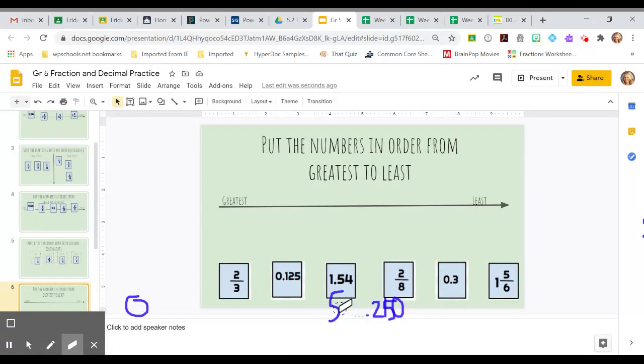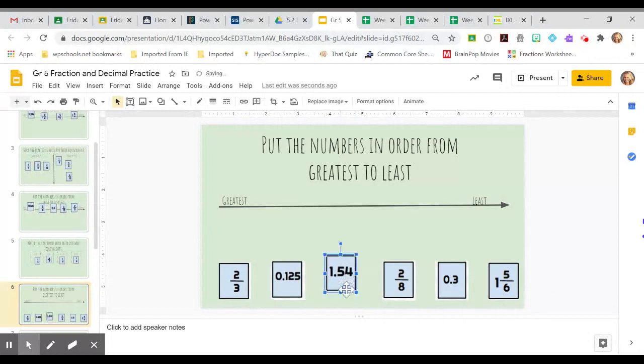All right. This time we're putting these in order from greatest to least. So, do we have anything that has whole numbers? Right here, this is a whole number, and also not a whole number, but this is a mixed number, and this is also a mixed number.